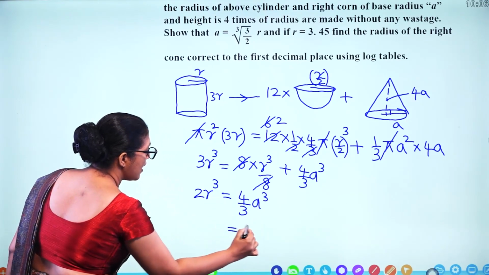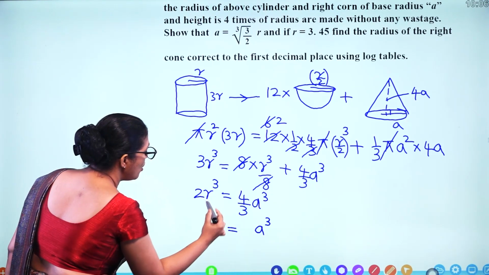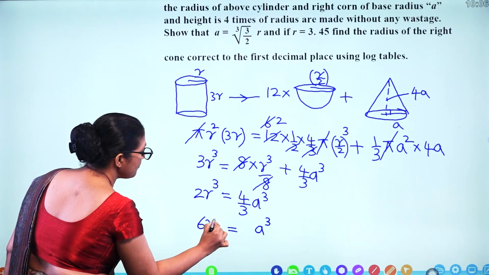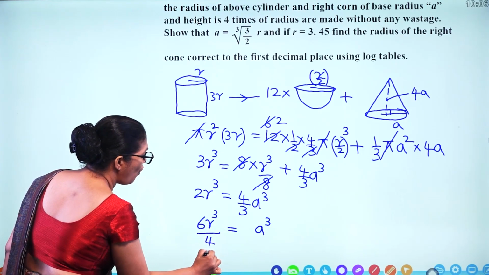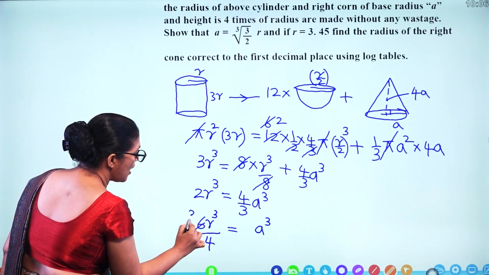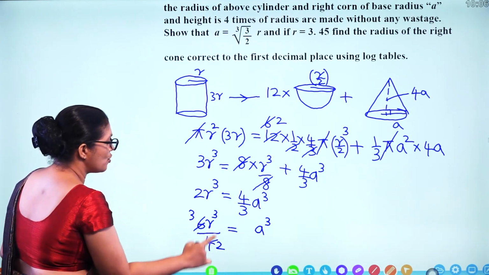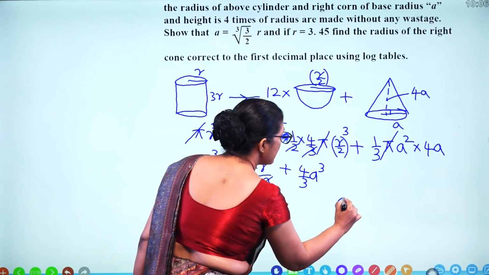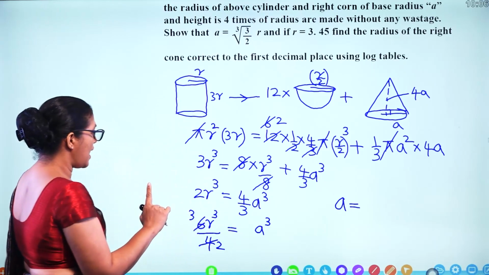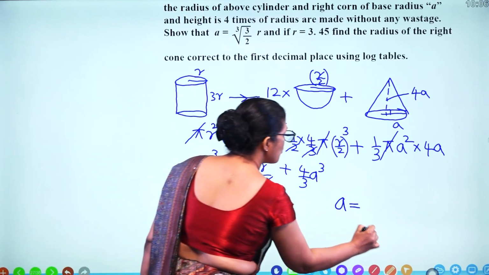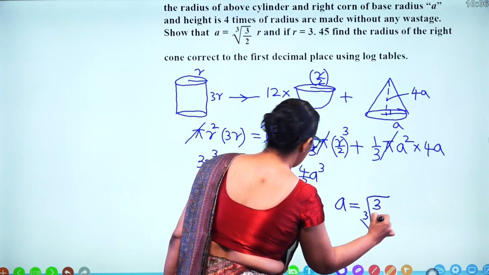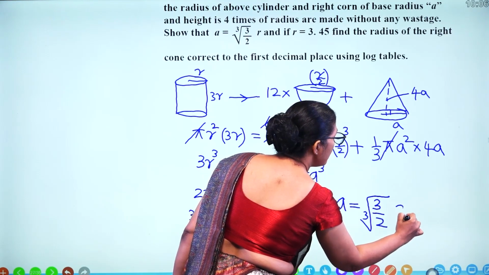Now you have to make a the subject of the formula. So a cube is equal to 6 r cube over 4. Simplify, 2 times 3, 2 times 2. So what is a? Take cube root of both sides. You get cube root of 3 over 2 and r here.